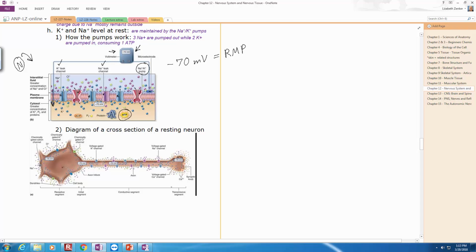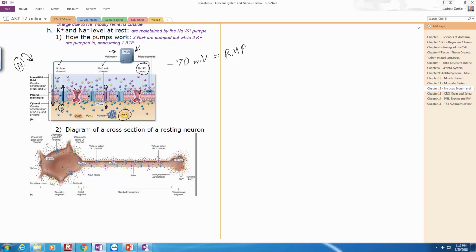The blue molecules are your potassium ions, and they're going out, correct? They're leaking out. And the sodium, which are the purple ones, are leaking in. The sodium potassium pump puts 3 sodium out while 2 potassium are pumped in. So that's the main thing that picture is showing you.